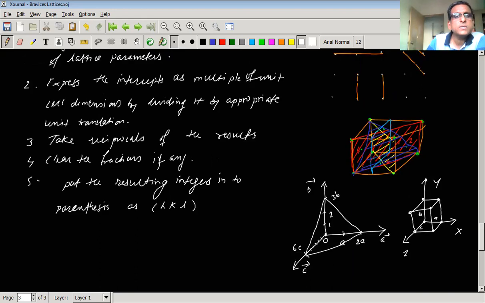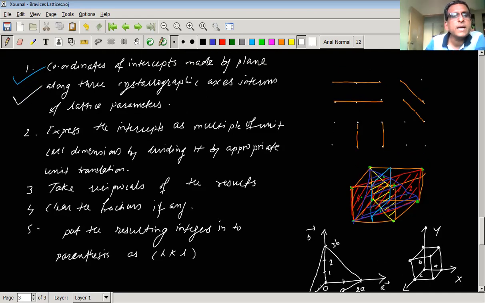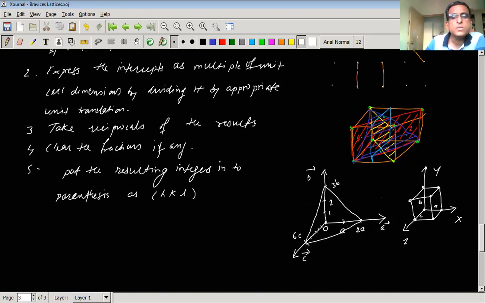So the first step involved in calculating the Miller indices is the coordinates of the intercepts made by the plane along the crystallographic axes in terms of lattice parameters. So the lattice parameters are A, B, C. So in terms of lattice parameters, we have determined the coordinates of the intercepts made by the plane, isn't it?